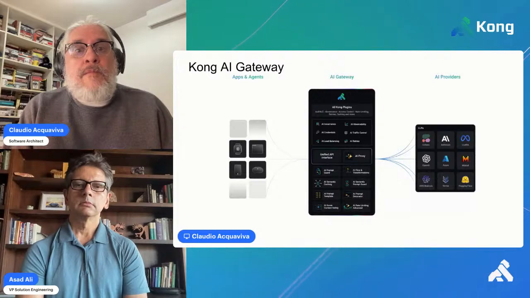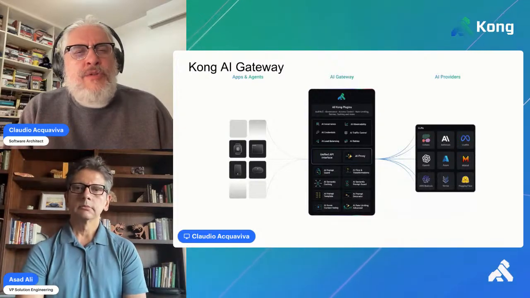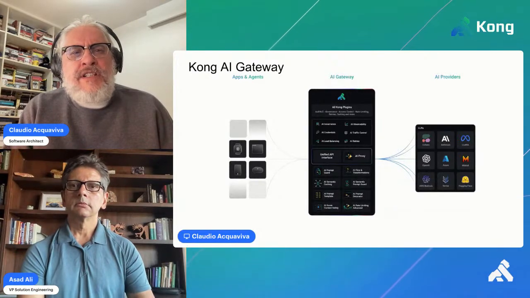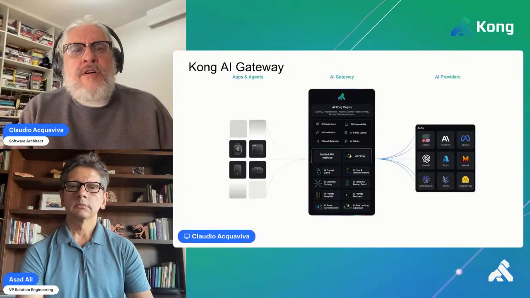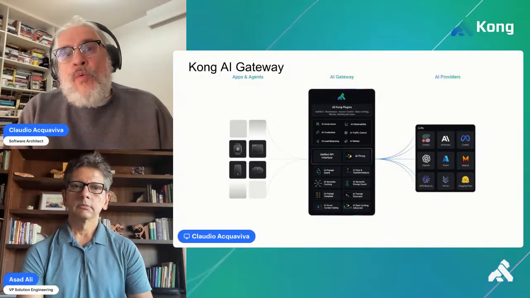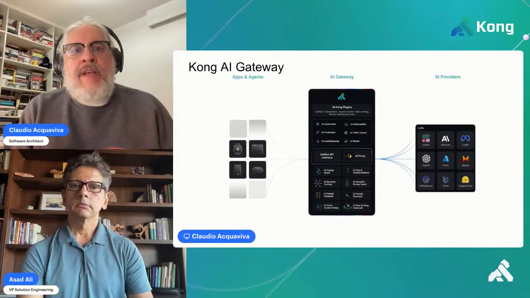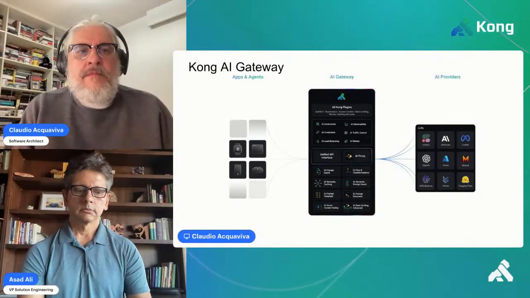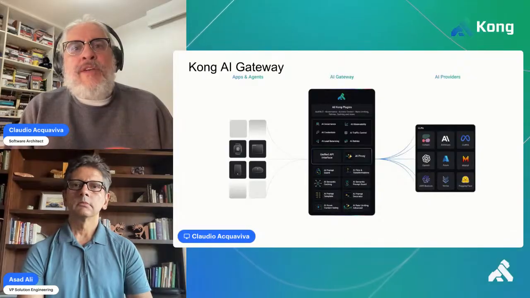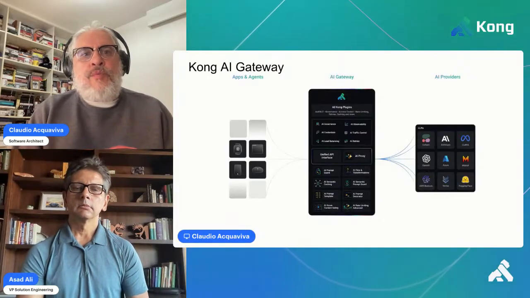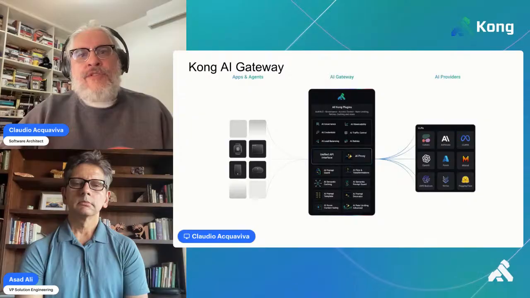More recently, I would say almost 2 years ago, Kong launched the very first Kong API gateway with AI-based capabilities, meaning that the API gateway this time is going to support specific AI use cases.